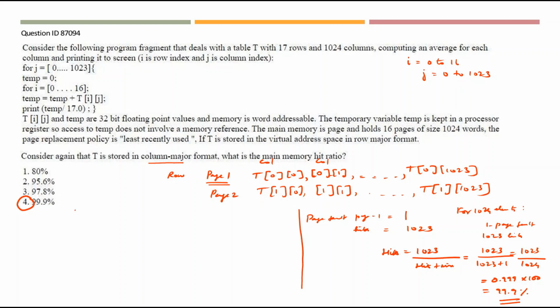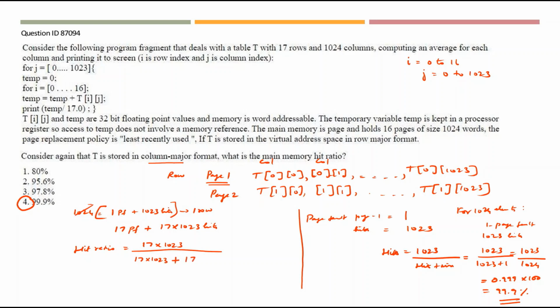If you want to take it in a detailed way, for 1024 elements, I said there is one page fault with 1023 hits. This is in the case of one row. What happens when there are 17 rows? So we'll say 17 page faults plus 17 into 1023 hits will be there. So in this case I can say hit ratio is equal to the number of hits, which is 17 into 1023, divided by 17 into 1023 plus page faults.